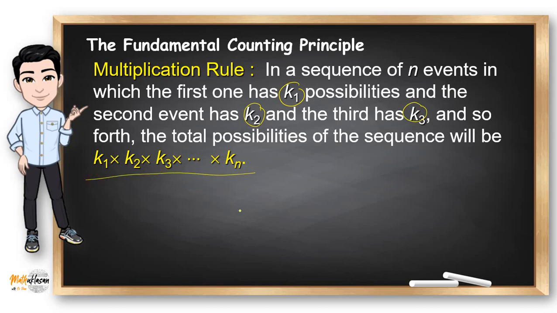So all you have to do, guys, is to determine, for example, the number of possibilities for event 1, for event 2, etc. And all you have to do then is to multiply all these possibilities. So if we have 3 events, identify the number of possibilities for each event and then multiply them to get the number of ways that you can arrange or combine all the possible options or choices.